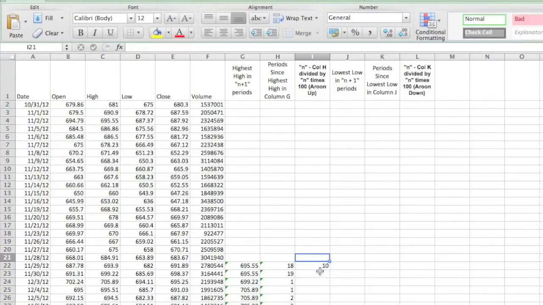In this case, it's telling us 10%. So as you can see, it's not indicating strong performance on the stock, since it's 10.